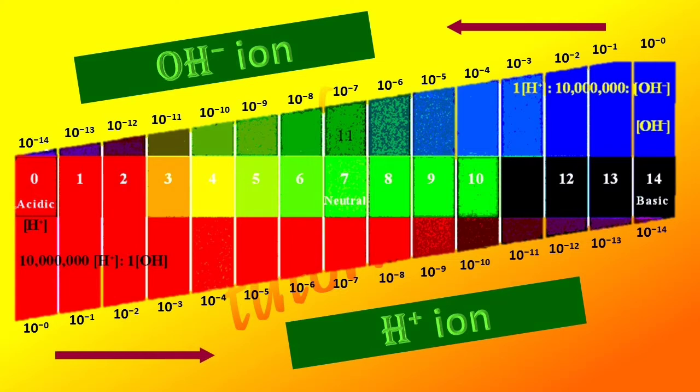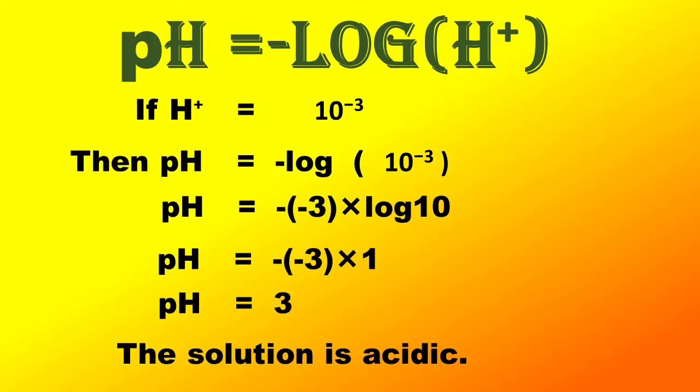As the number exceeds 7, OH minus ion concentration increases and the solution becomes basic. As the number decreases from 7 onwards, H plus ion concentration increases. The solution is becoming acidic.